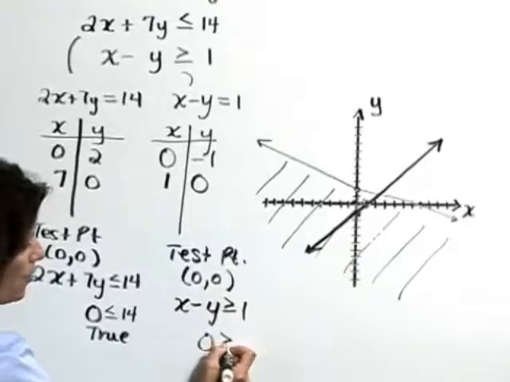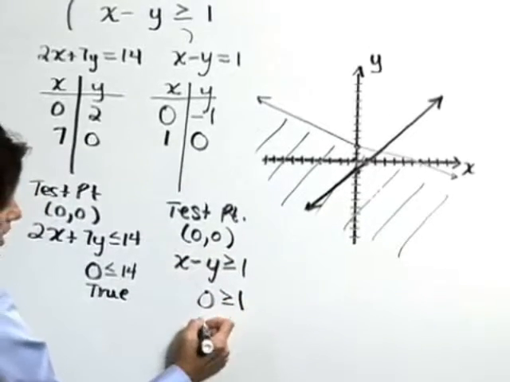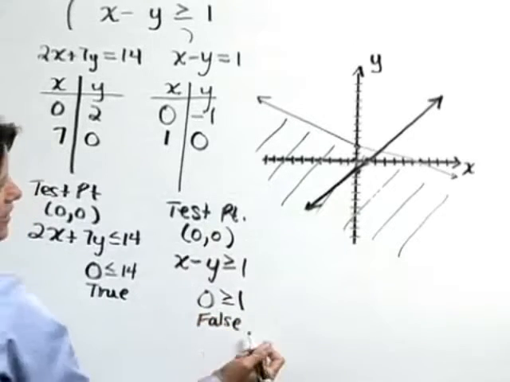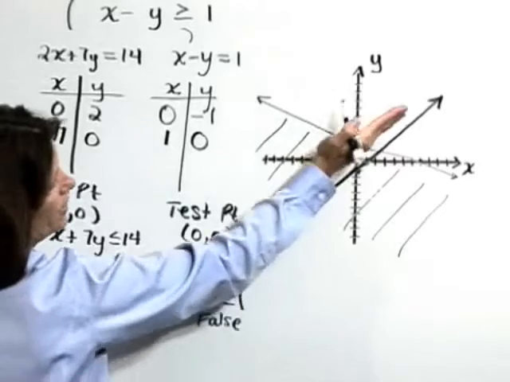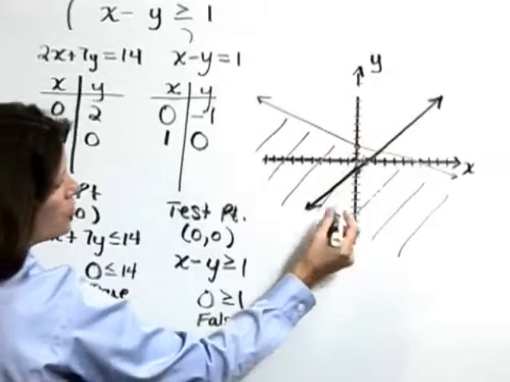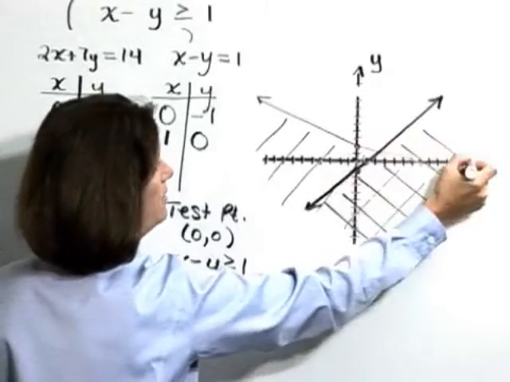And is 0 greater than or equal to 1? No, that is not true. That is a false statement. Therefore, the origin is not included in the solution region for our second inequality, which means that we do indeed shade the other side of that line.